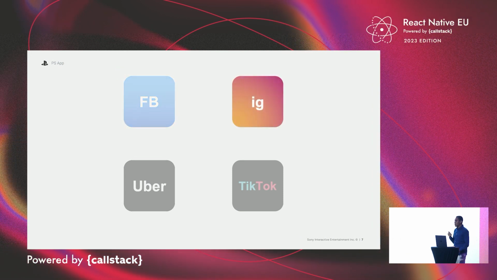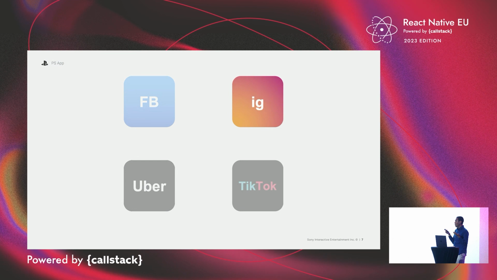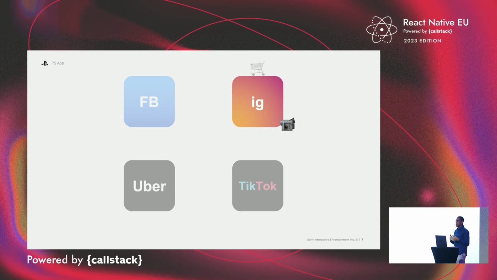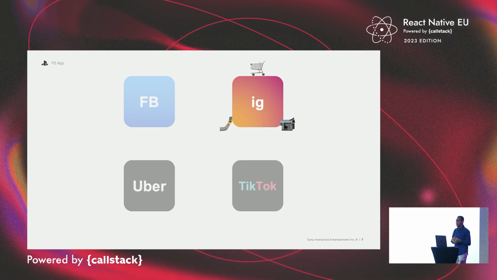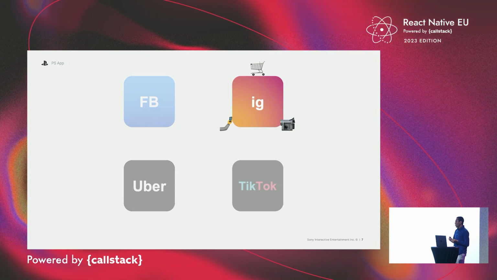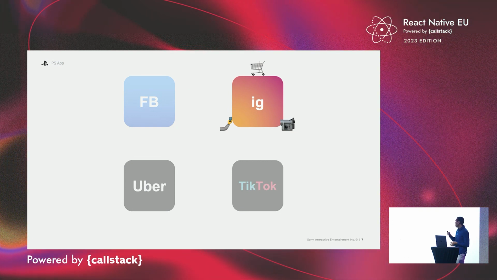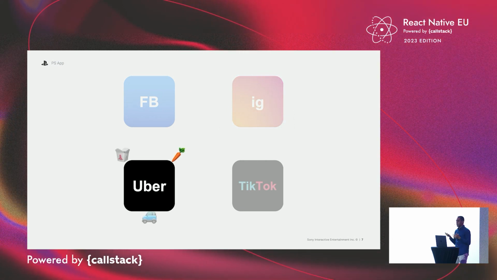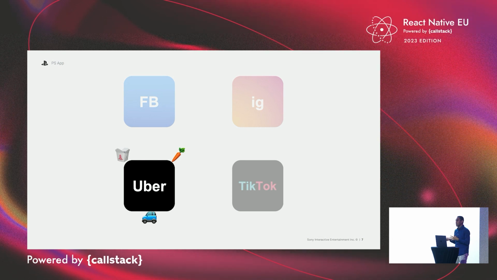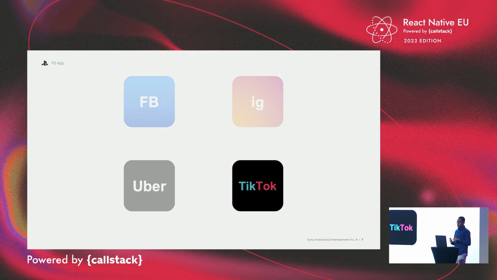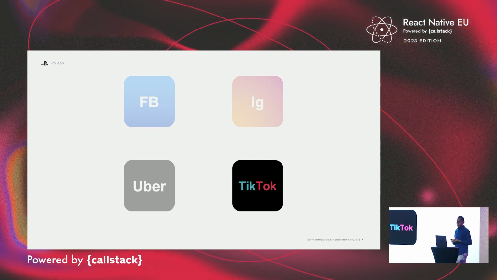Instagram started out as a picture sharing app, and they started adding tools for businesses to be able to market their products. Also, they started adding tools for content creators, and they started adding reels and stories. Uber started out as a ride-hailing app, and now it offers grocery deliveries, food deliveries, and even car rentals.